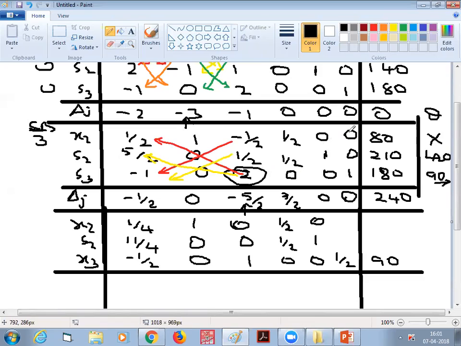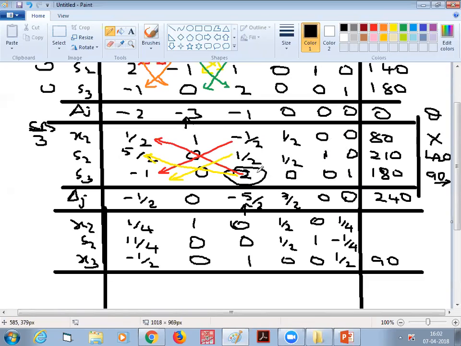All right, next one. 2 into 0 minus half into 1. So that's plus half, divided by 2 is 1 by 4. 2 into 0 minus 1 by 2 into 1. So minus 1 by 2 divided by 2 is minus 1 by 4.